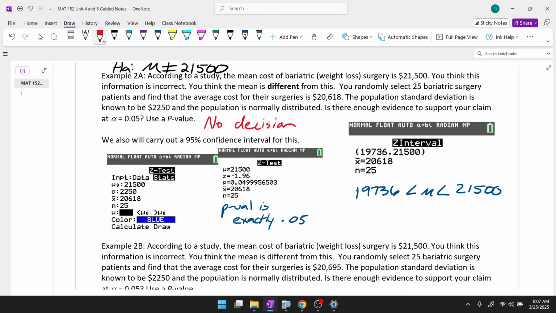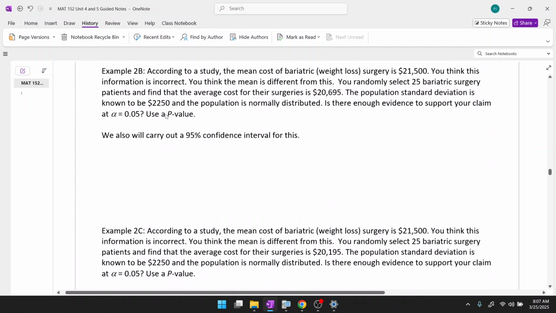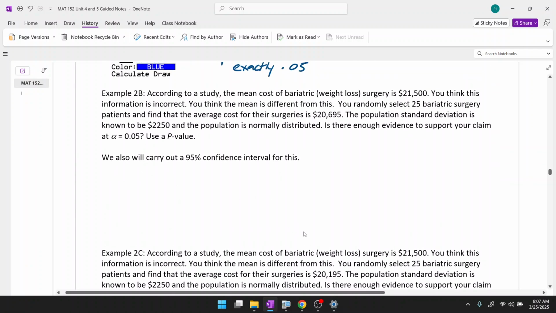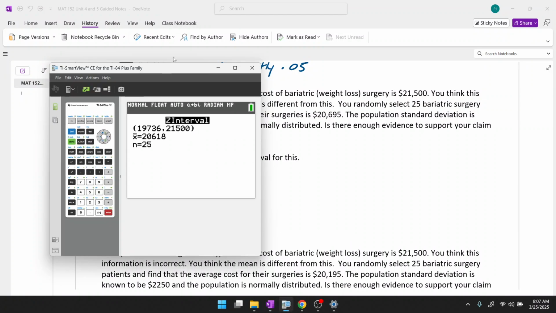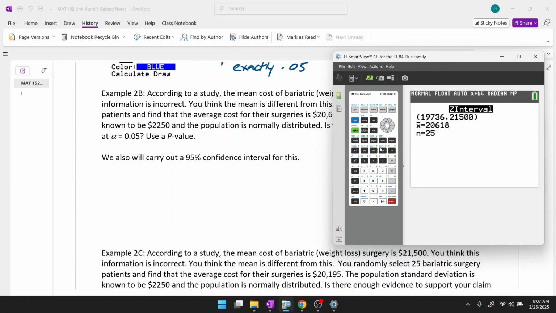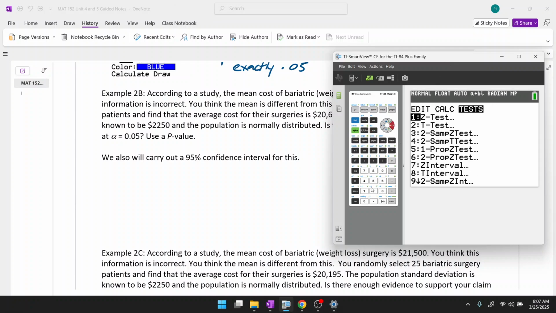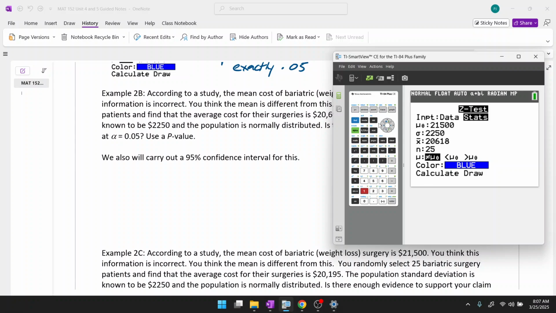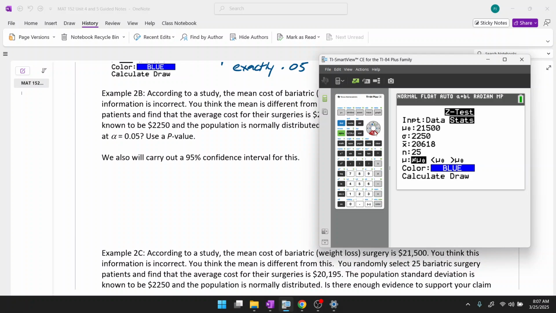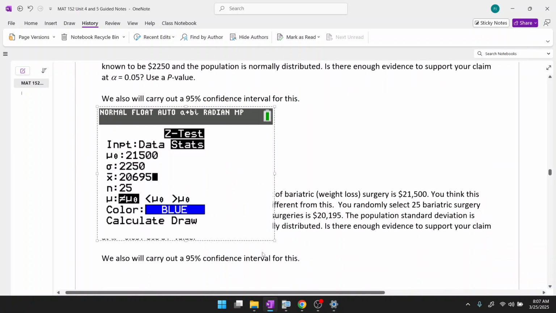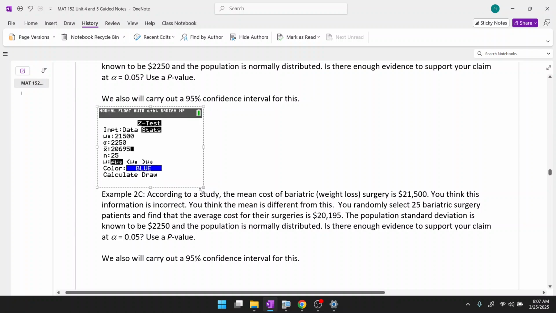Now, we're going to see basically the only thing that changes in the rest of these problems is the sample mean. That's the only thing that's going to change. So now we're going to make this sample mean 20,695. And you might be wondering, how do I do this?